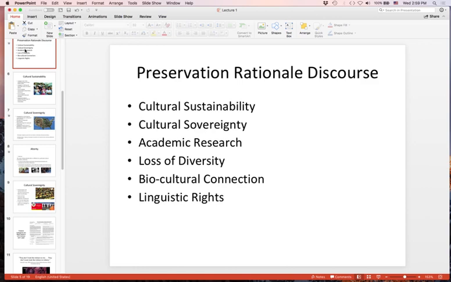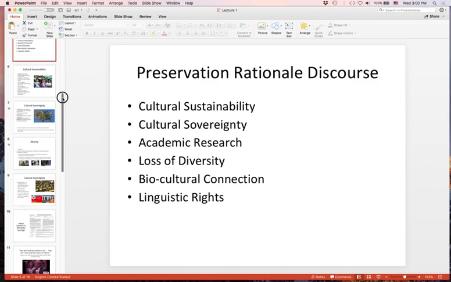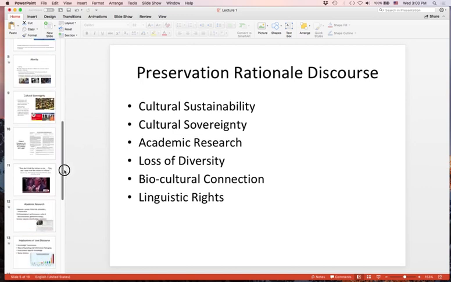The work of language preservation also has unique implications for cultural sovereignty, particularly in North America and the United States, where tribes have some very specific treaty-based requirements for how they maintain their access to rights, resources, and territory. But there are a range of other reasons that we see preservation achieved and pursued.